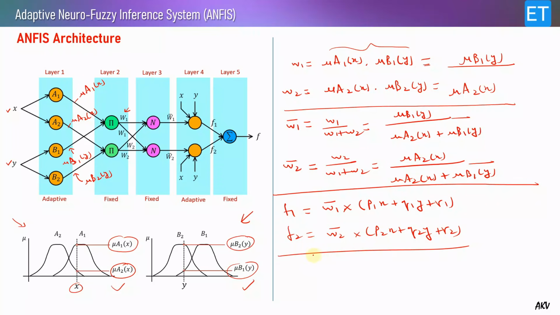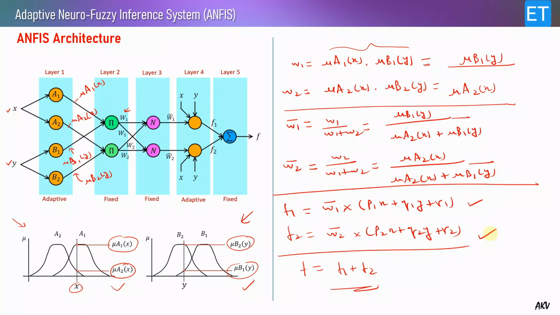Okay, and the output is summation of these two, so that is simply F1 plus F2. So from this equation and this equation, if you sum these outputs F1 and F2, you will get output. So this is actually the overall summary of the mathematical operations in this neural net.